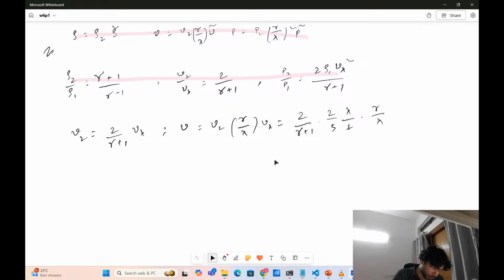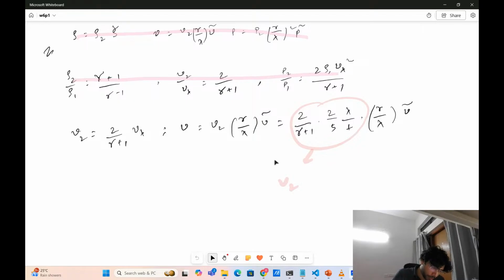Okay, wait. So this is V tilde, and V lambda is there in V2, right? V2 is 2 by (gamma plus 1) V lambda. Now we have this multiplied with R by lambda, times V tilde.